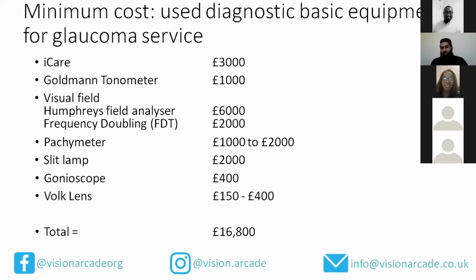And this does not include all the fancy equipment. This is the basic minimum that we need to perform our diagnostic tests on the patients that are coming to our practices, or the team of Vision Arcade, which are working really hard to provide all the eye care facilities for the East African communities.